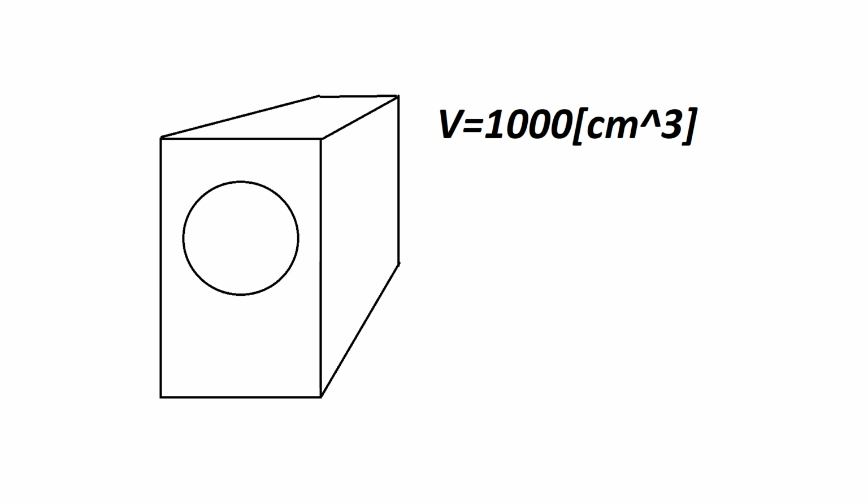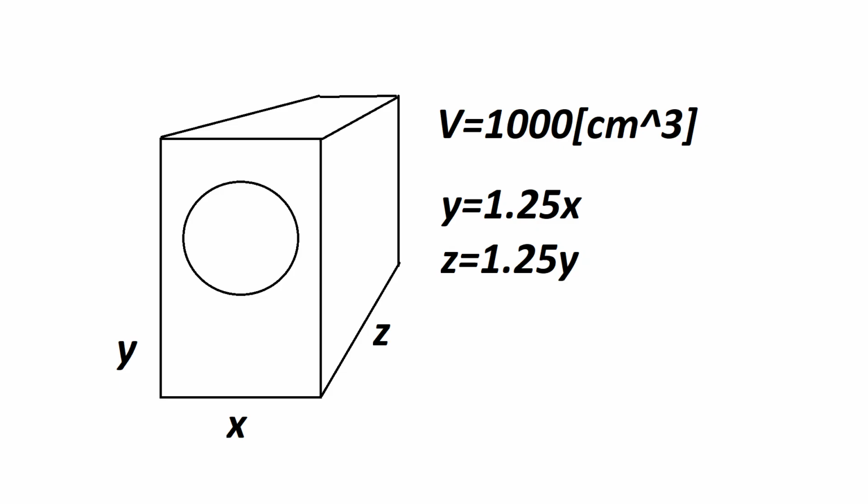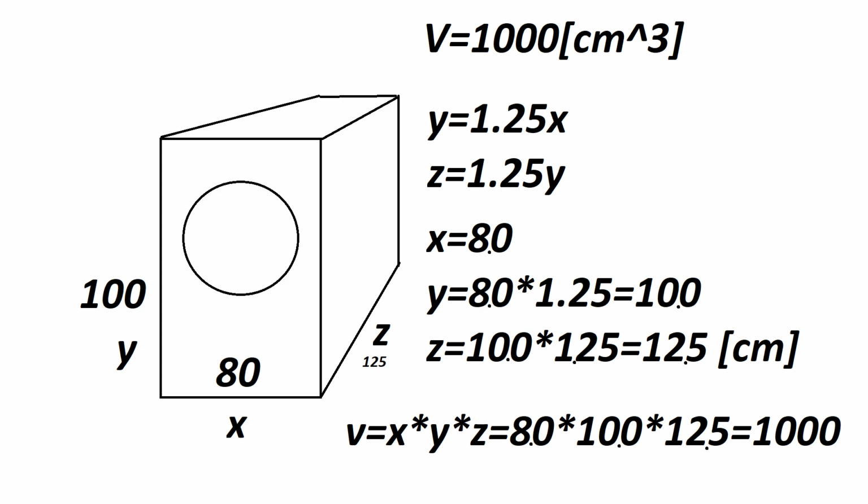I recommend you build a box with a size relationship of 1 to 1.25 to 1.25. So if we have, for example, a 1000 cubic centimeter volume, the internal dimensions of the box can be 10 centimeters, 12.5 centimeters and 8 centimeters. That gives us a volume of 1000 cubic centimeters.